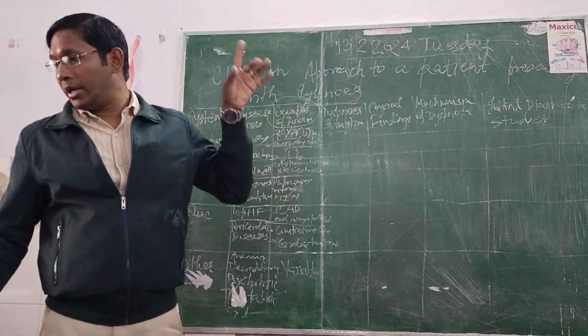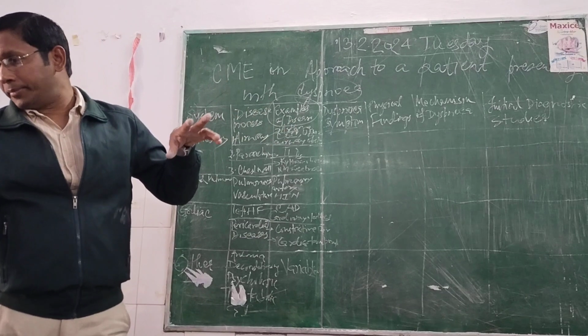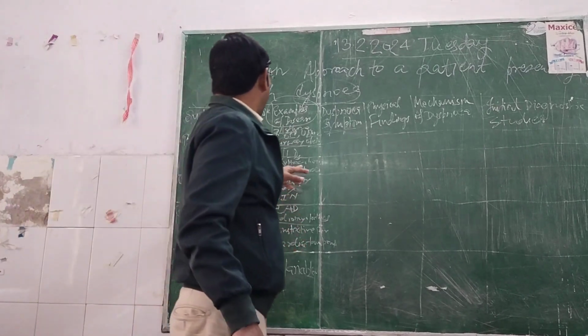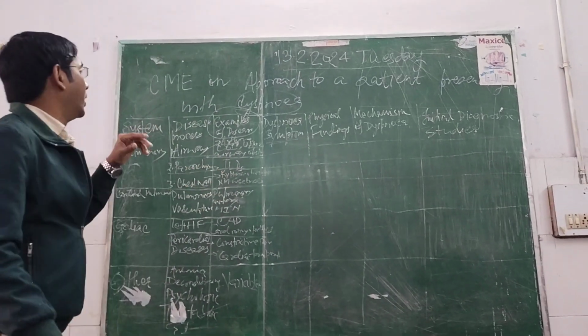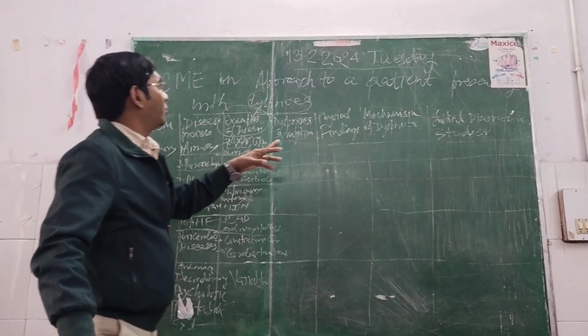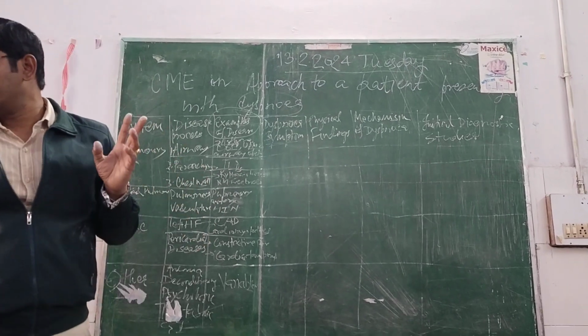Dry and inspiratory crackles, clubbing, and exertional hypoxemia. Exertional hypoxemia is found in ILDs also. Okay? And now the mechanism underlying the dyspnea in case of ILDs.